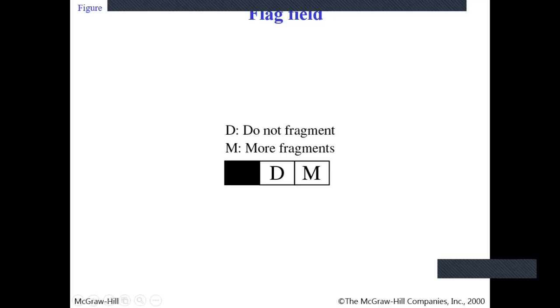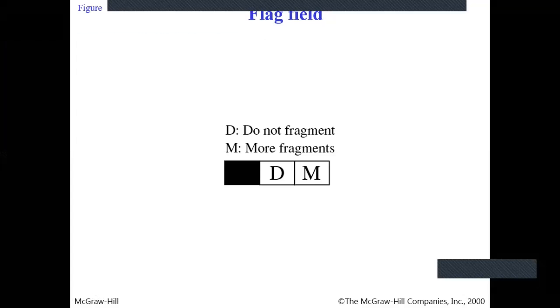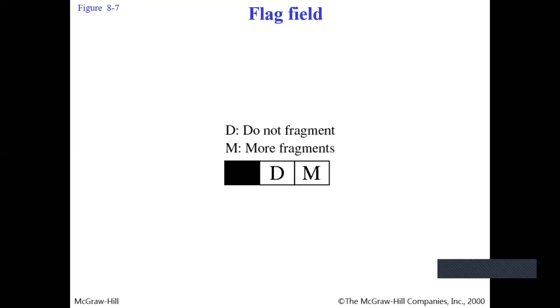If the D bit is 1, which represents do not fragment, then at the sender side, when the network layer does the fragmentation, it checks that the D bit is 1, meaning no need to fragment.